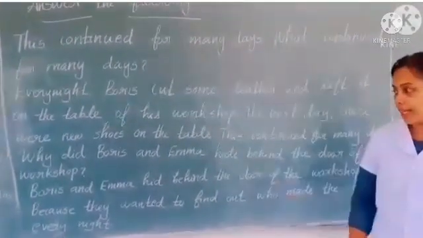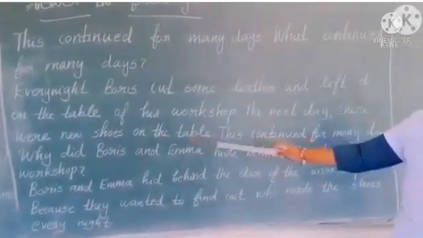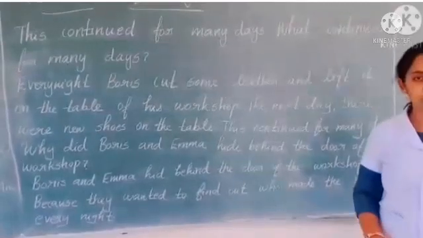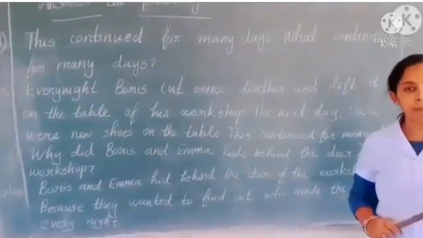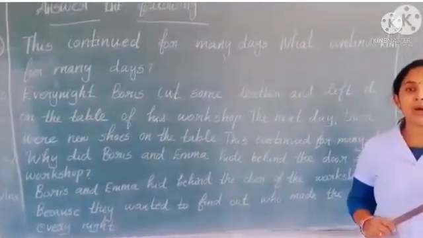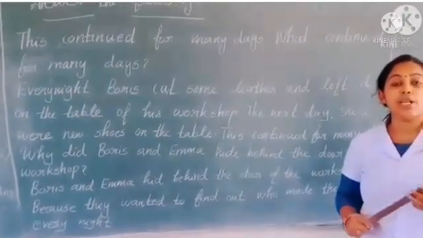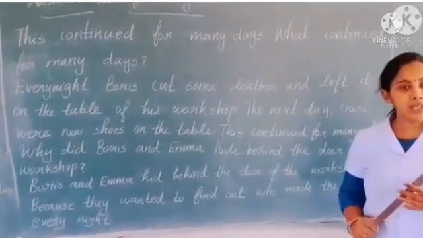And the second question, why did Boris and Emma hide behind the door of the workshop? What was the reason? Yes, they wanted to find out who is making the shoes.